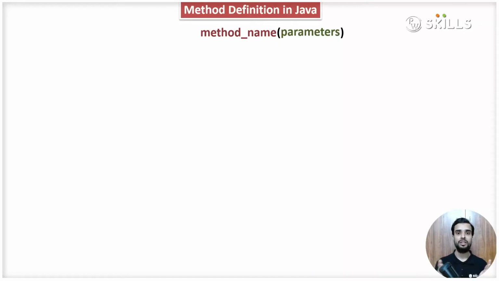And of course, the most important component of a function or a method happens to be the body of the method that must be enclosed as a block of code like this. And lastly, it is compulsory that every method must also be defined along with its return type, and the return type must be placed just before the method name like this.